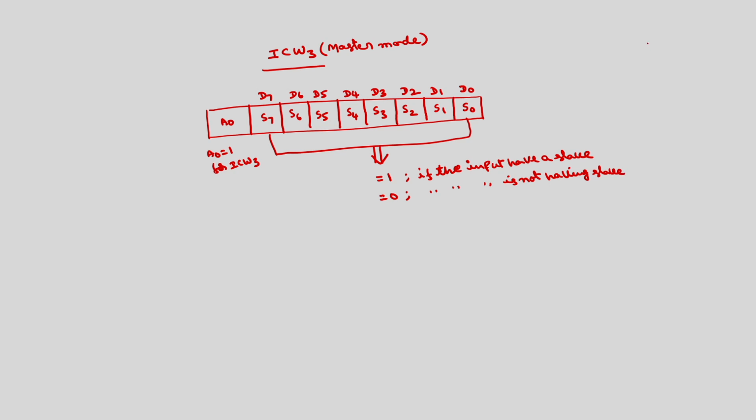As I have just discussed about the cascading of 8259, this is the master 8259, with IR 0, IR 1, and so on up to IR 7.